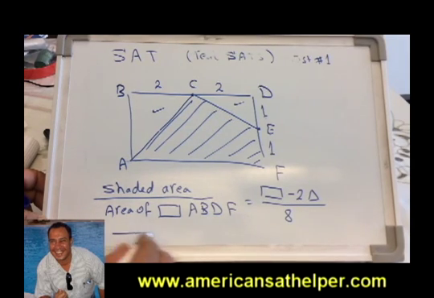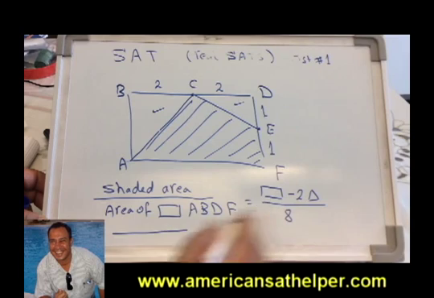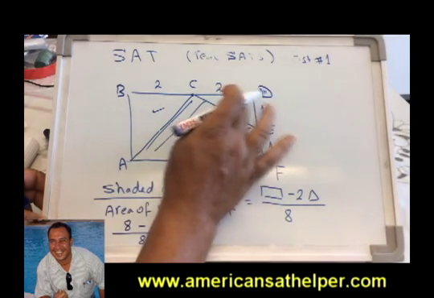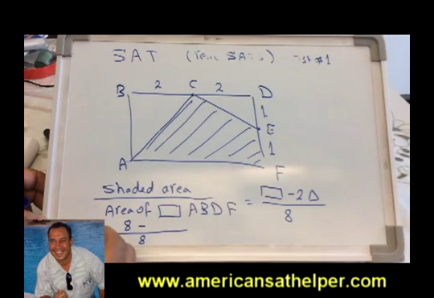So the area of the rectangle is 8, minus the area of the two triangles.